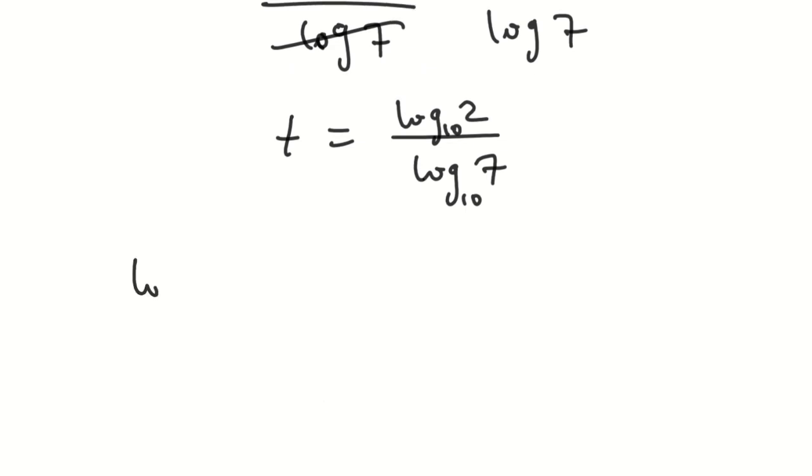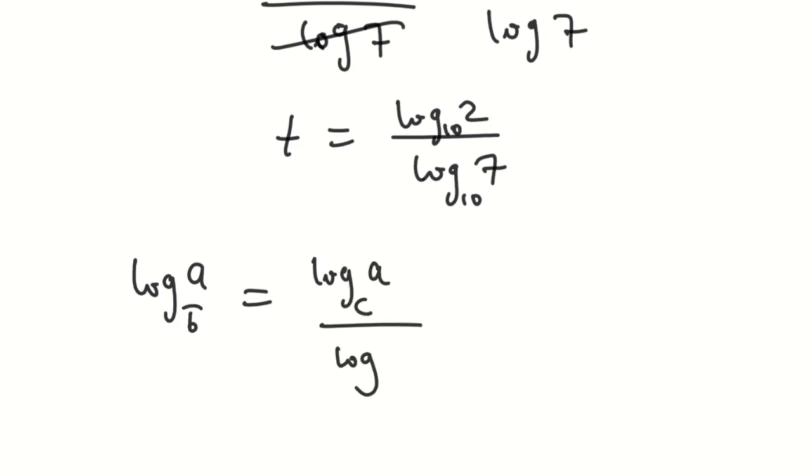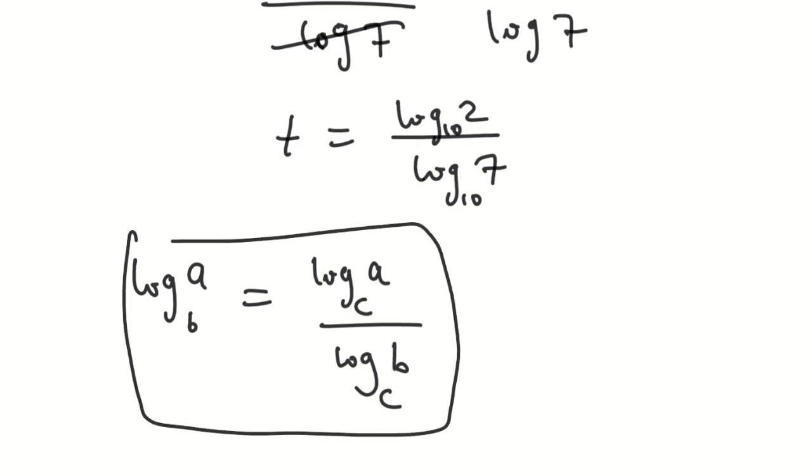If you have, say, log a base b, and you want to change this base from b to something else, say c, it will now become log a base c over log b base c, the new argument, then still the new base c.